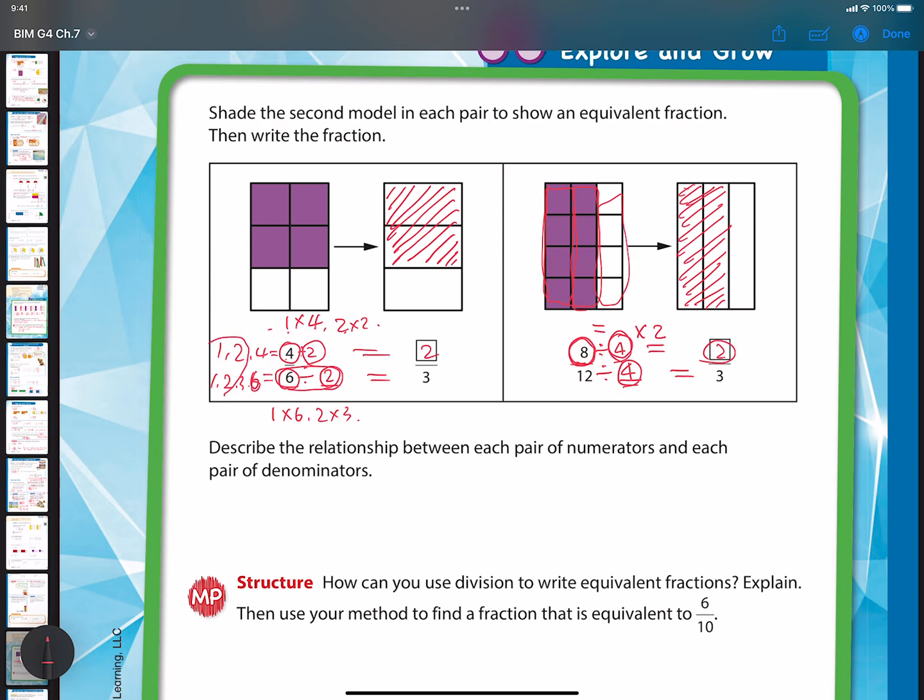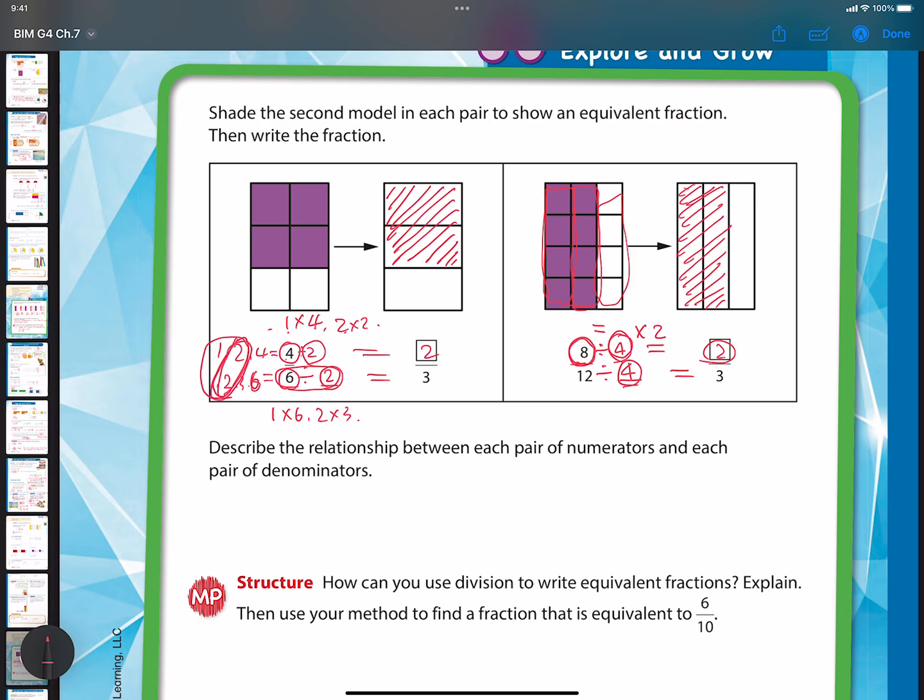And what are common? 1 and 2. So when you try to find the equivalent fraction by dividing, you have to find the common factors first. And then you are going to divide with this common factor.